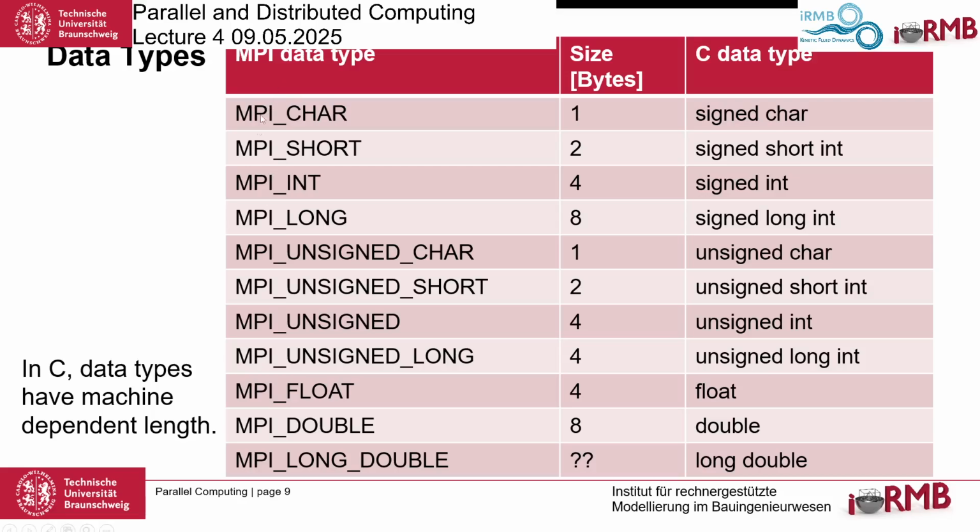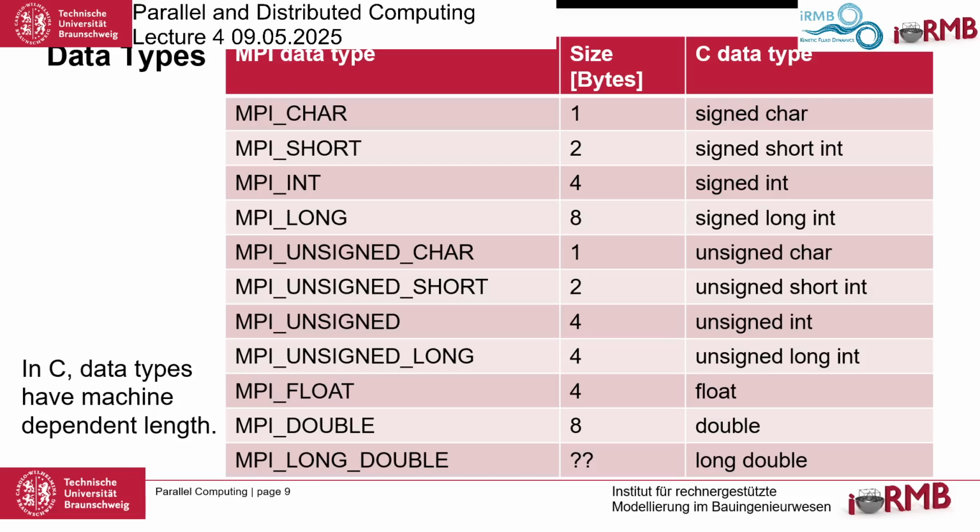So we have MPI_CHAR, MPI_SHORT, which is 2 bytes, and MPI_INT, which is compatible to int. In C we distinguish between signed and unsigned, but this doesn't change the size of the data, obviously. So this would be a signed int, then there is a signed long int, which for example would be 8 bytes.